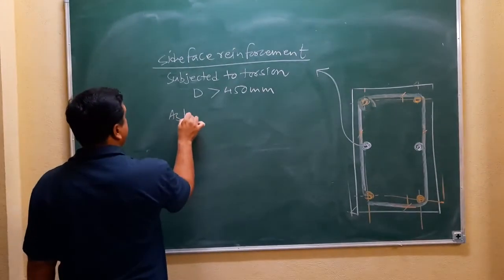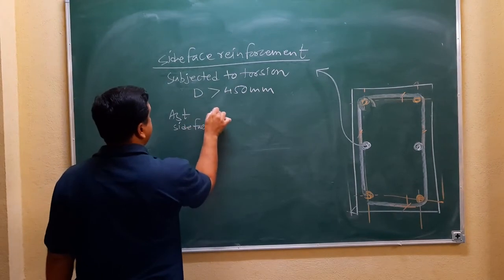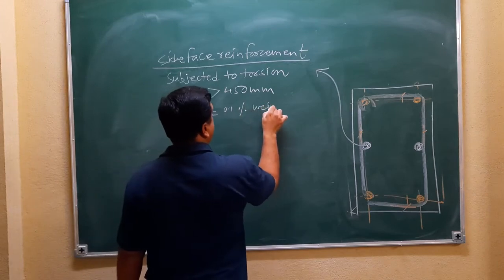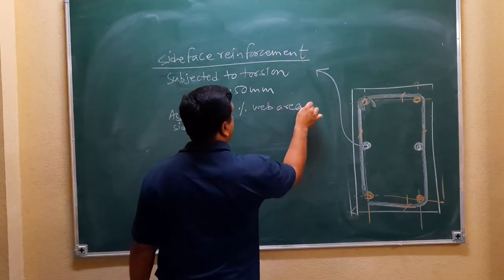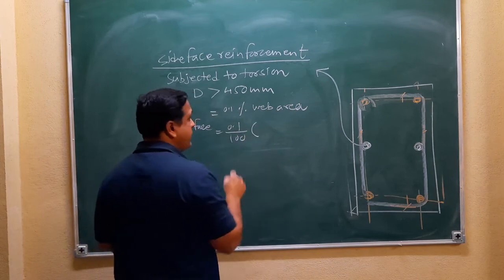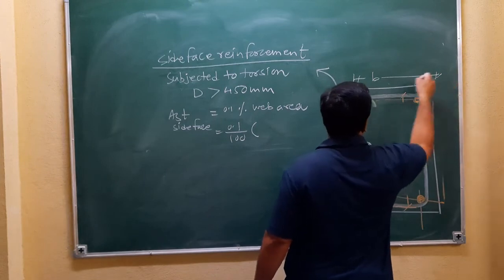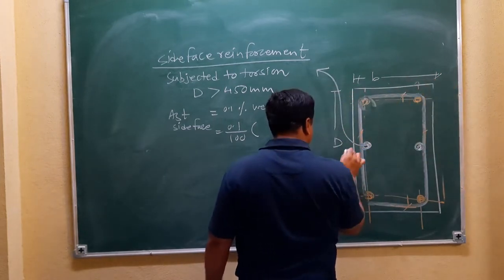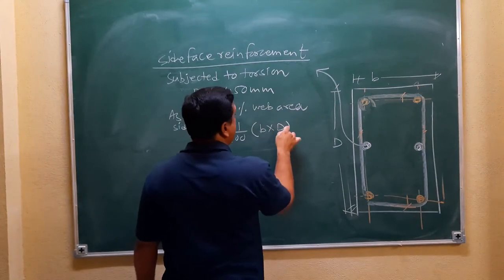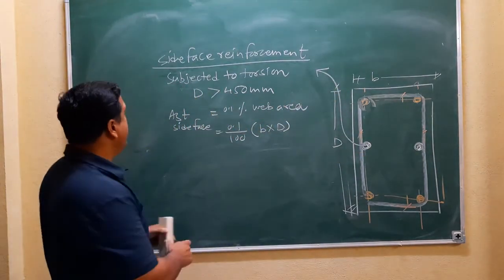That is the AST side face, equal to 0.1% of web area. Remember 0.1 divided by 100. What is the web area? The width of the section multiplied by the overall depth of the section.